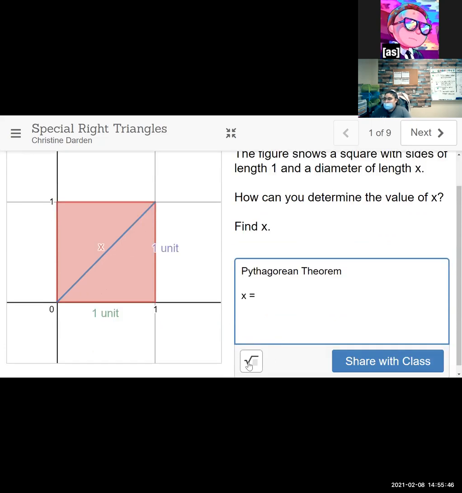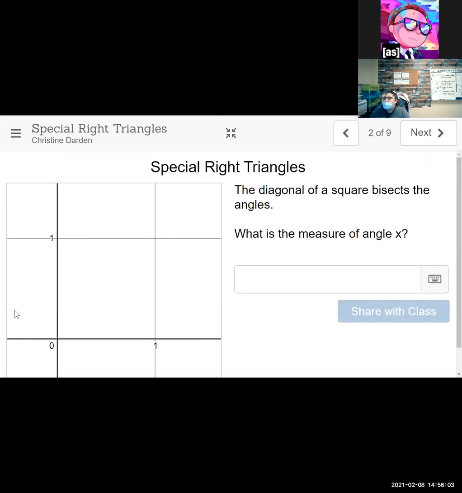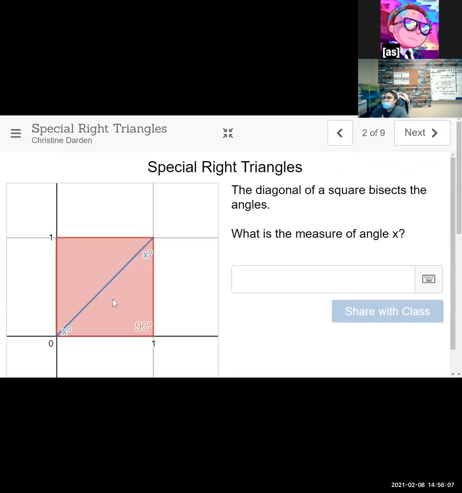Notice that Desmos has a calculator button at the bottom so that you can type in your mathematical answer using symbols. Then slide 2 has you determine, if the square is cut in half diagonally, what would the measurement of each angle equal?